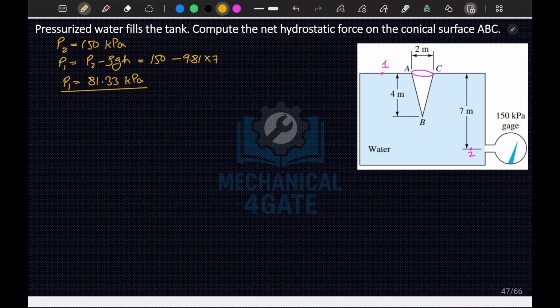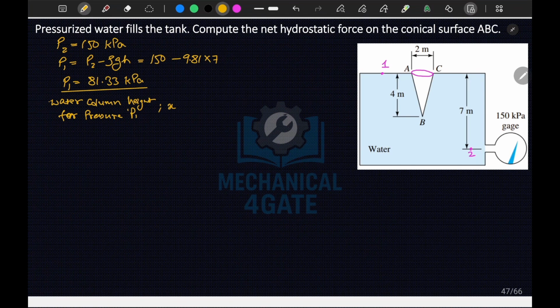I would calculate the water column height for pressure P1, and let's say this value is x.